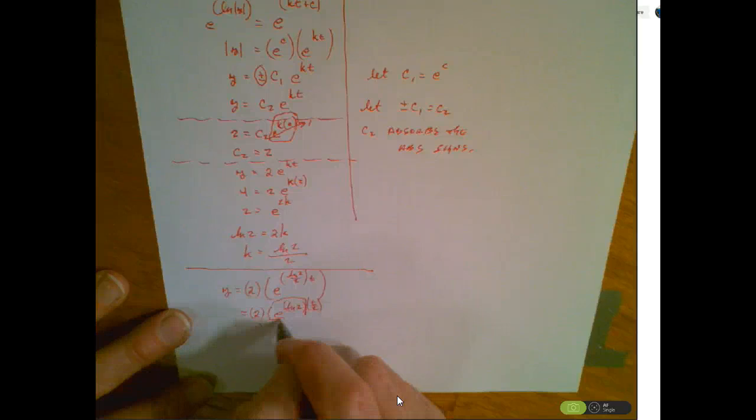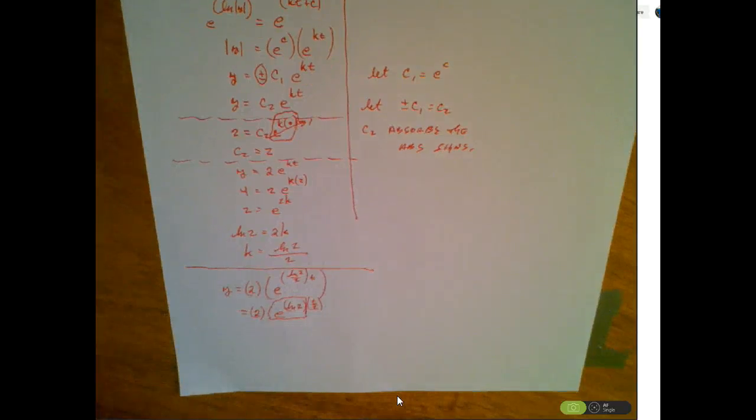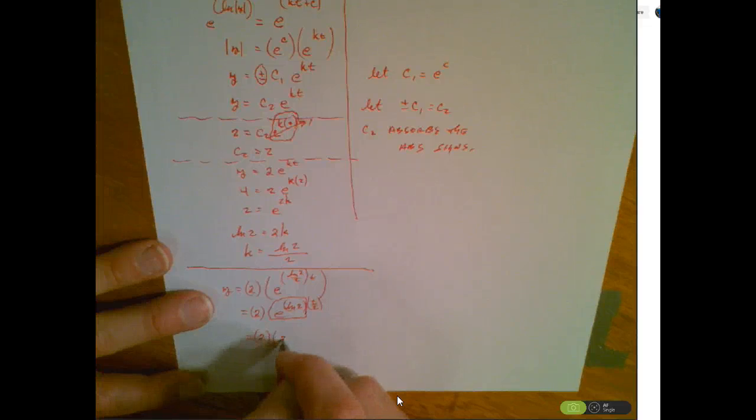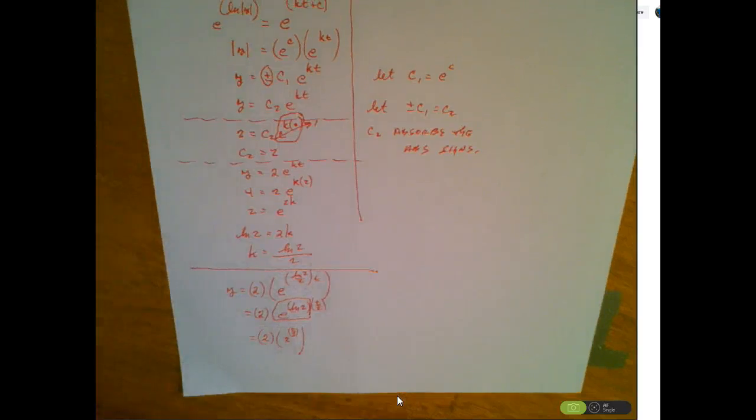What is this thing? That's just 2. E to the natural log of 2 raised to the t over 2 power. So now watch how you write this. Group, then put 2, and then put t over 2. And I would group that one too. I'd group everything. I'd make sure I knew where every 2 was.